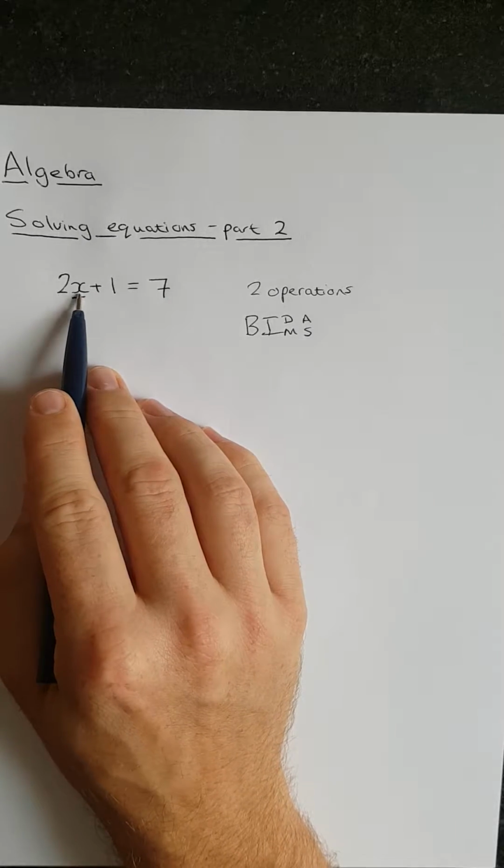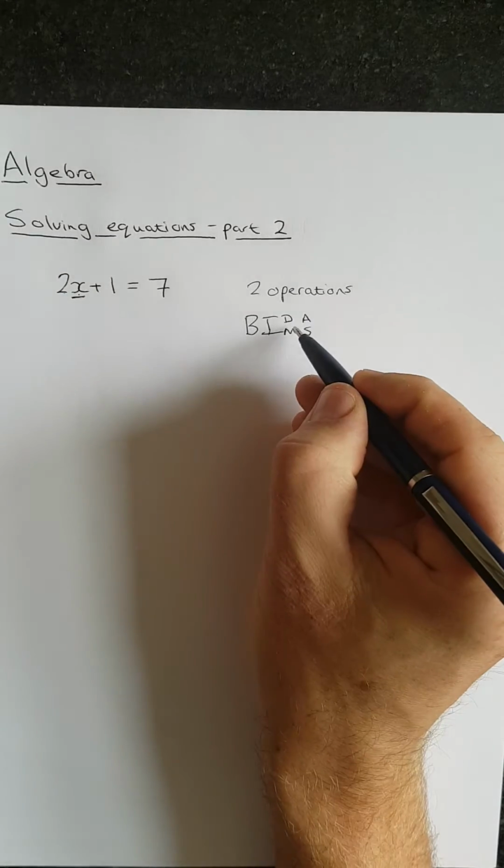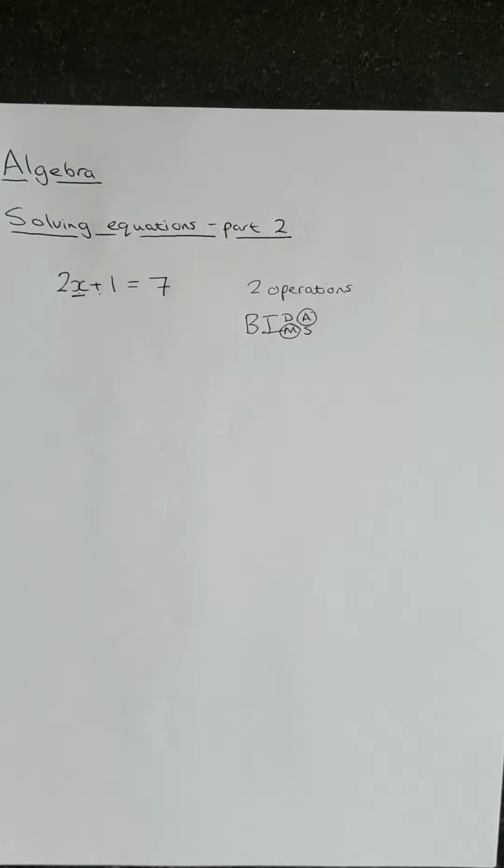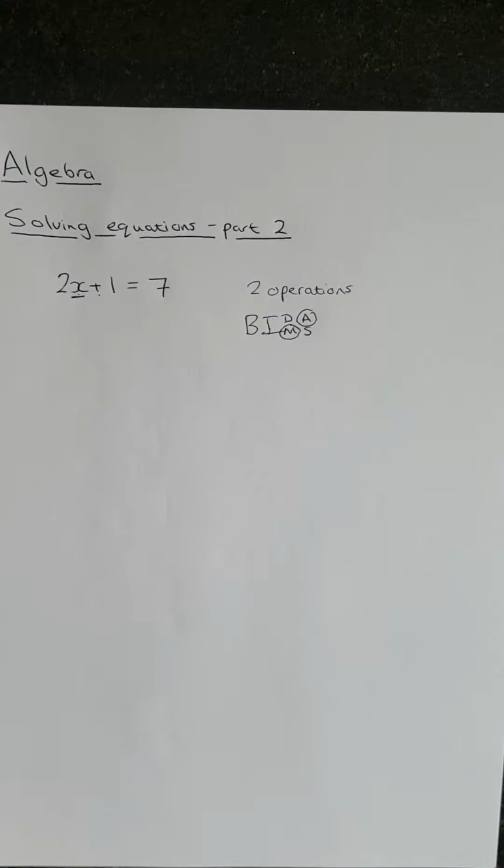So, x has been multiplied by 2, and then 1 has been added to the result. So, we're going to apply the inverses.